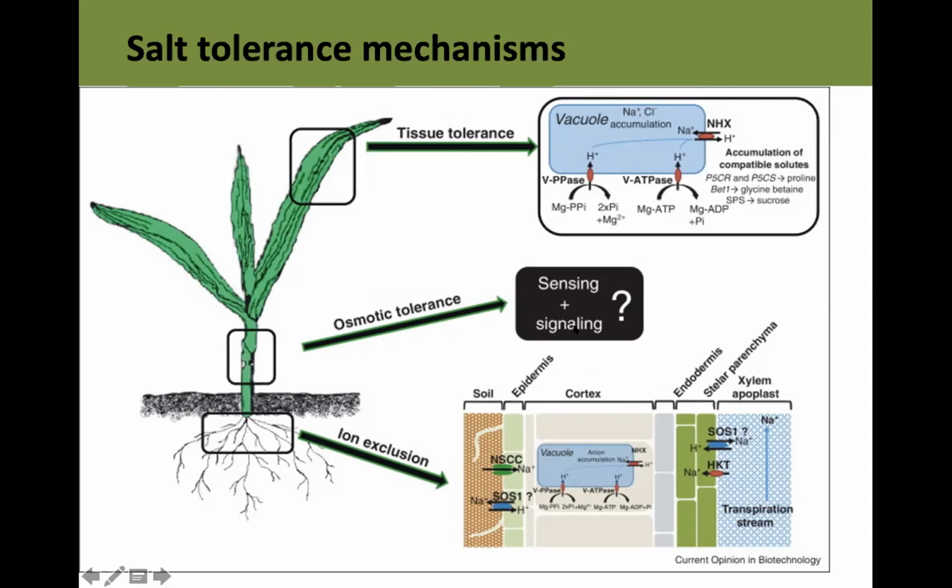And there have been some studies that suggest that sensing or signaling molecules might be involved in this type of tolerance. However, if we go back to the definition of salt tolerance, it's a measure of the maintenance of desirable plant traits under salt stress relative to control conditions. And then for application purposes, salt tolerance should be assessed according to the final trait of interest, which is normally yield. And yield is quite a complex trait, and there are many contributing factors.